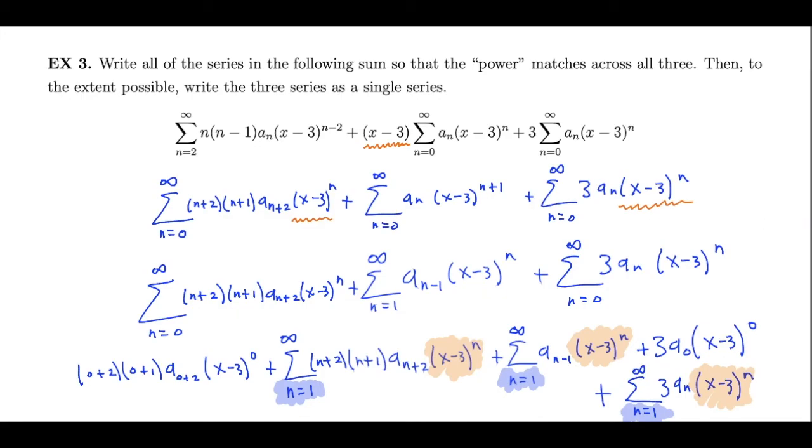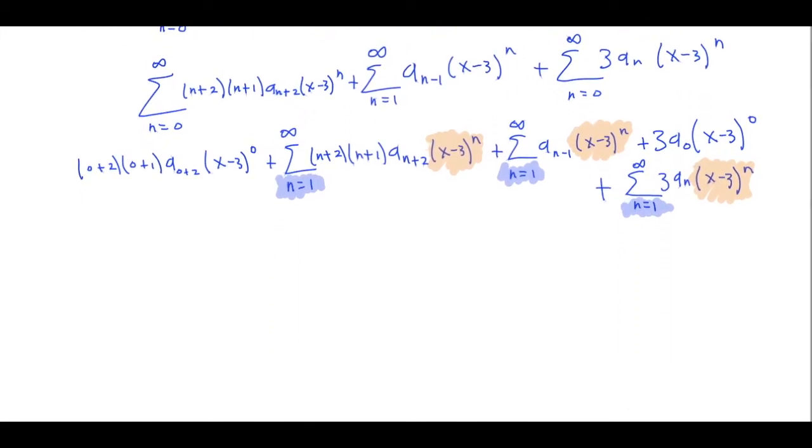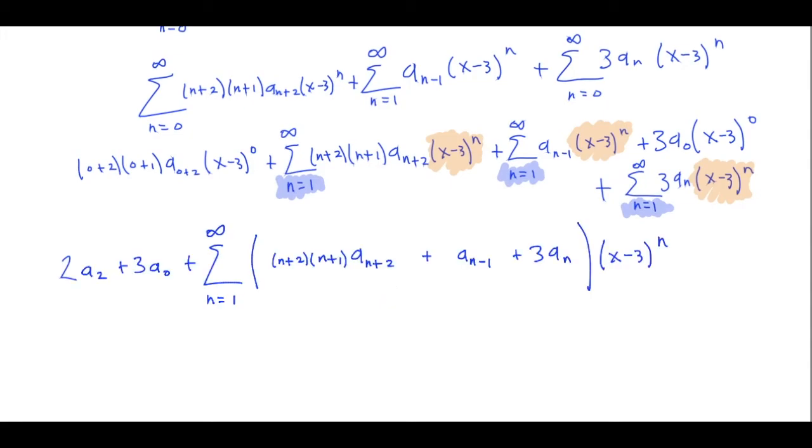So what I can do next is essentially factor out that (x minus 3), which will leave me with these coefficient bits here, and then write this as one conglomerated sum. So here I've done exactly that. First I took these extra terms and did some simplification and then moved those out front of the series. And then the remaining three series I've coalesced into one final series here.